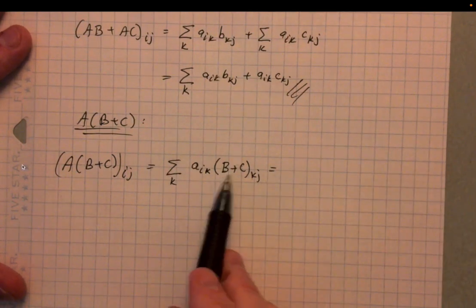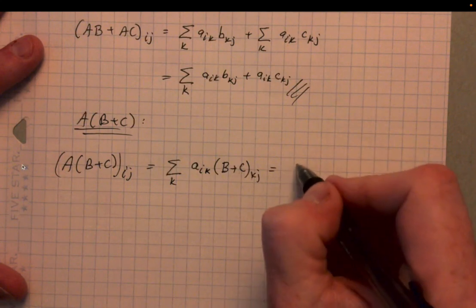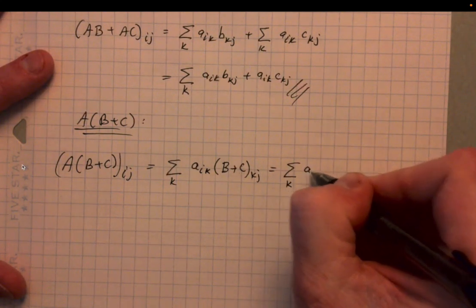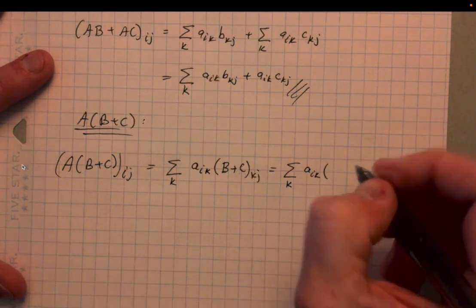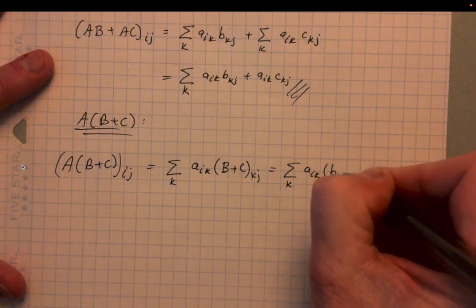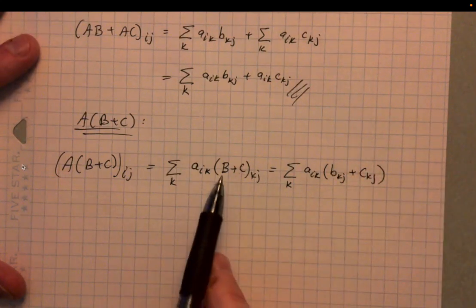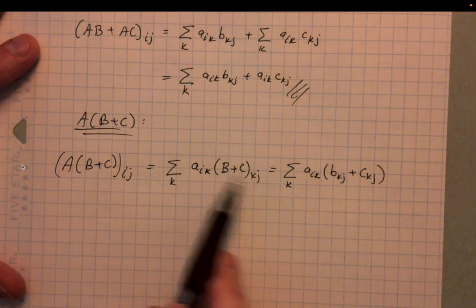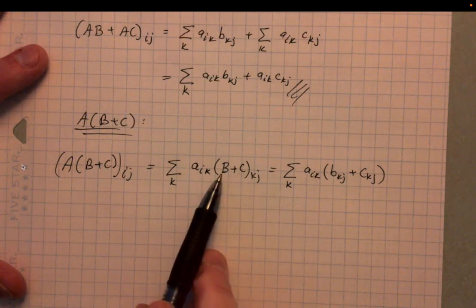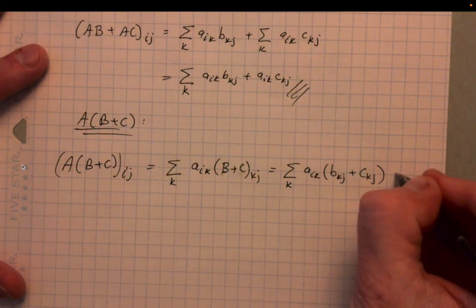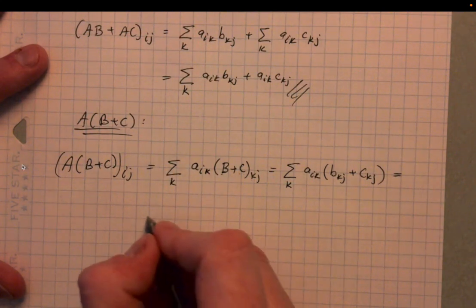Okay, and then we can break this down further by writing the sum over K of AIK times BKJ plus CKJ, right? So this will, again, be just a sum, right? So it's BKJ plus CKJ. Okay. Hopefully that's clear.